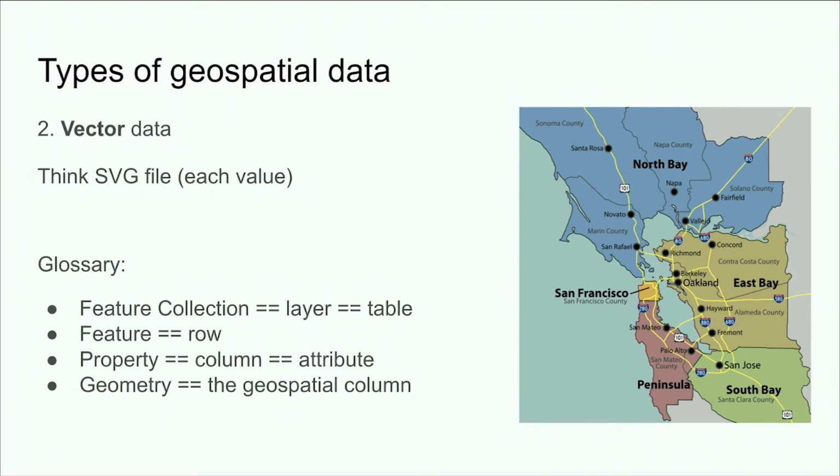For example, here we have 5 areas, North Bay, East Bay, and so on. They might be described as 5 different rows in a table, and each row has a shape that describes the boundary of each region.